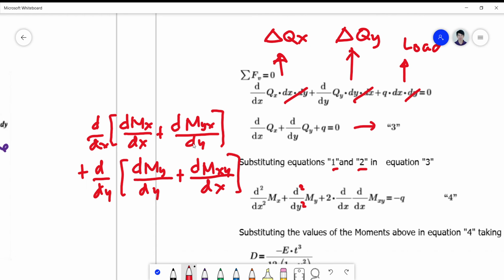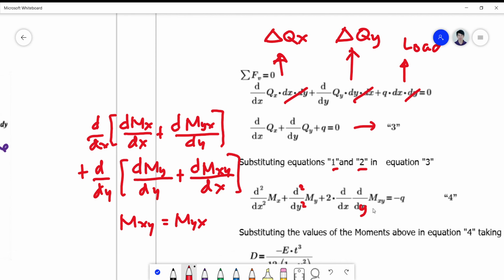And then these two will actually form a sum of the second derivative of myx with respect to dx dy. So this is dx dy. Okay, so twice, because myx and mxy are just the same. Take note that mxy and myx are just equal in magnitude.